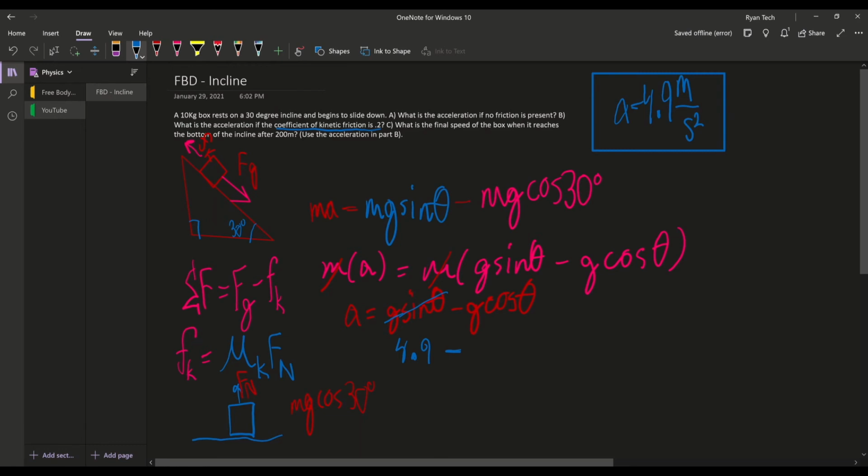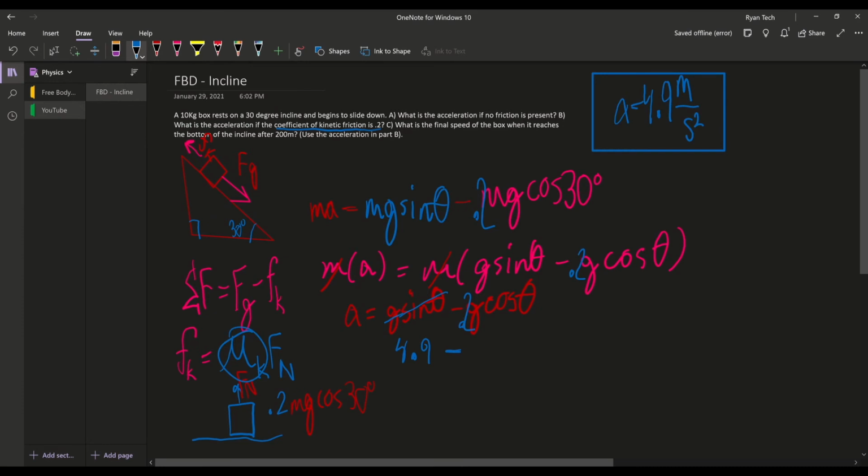I'm going to say 9.8 times cosine of 30 degrees, and cosine 30 degrees is root 3 over 2. I'm going to get an answer of 8.487. Oh yeah, sorry, I was supposed to add a 0.2 here for our mu. So I'm just going to quickly add that: 0.2 g cosine of theta.